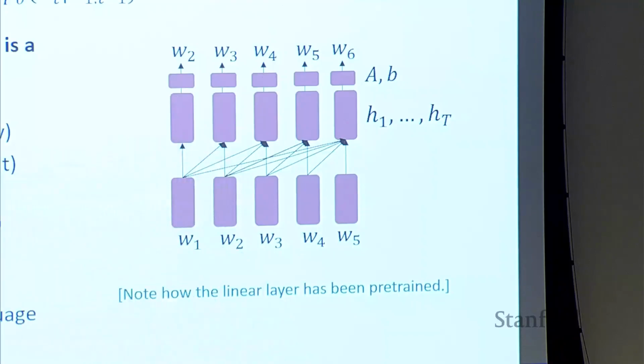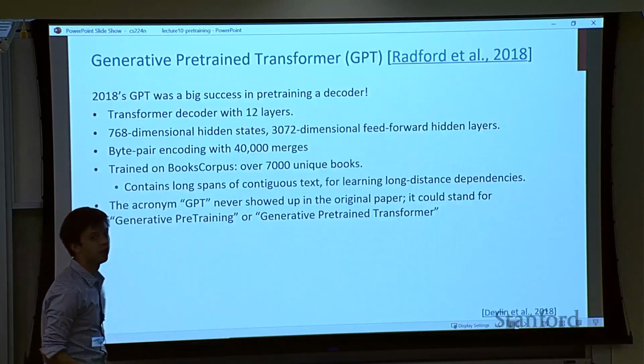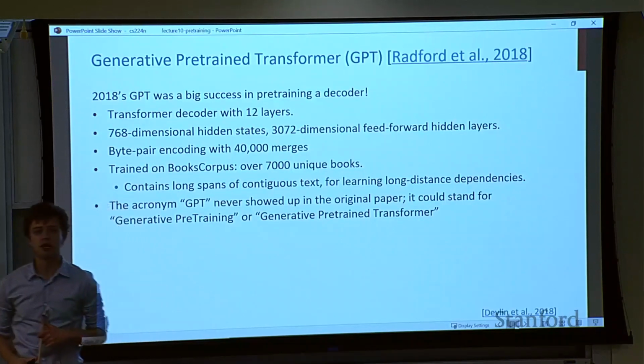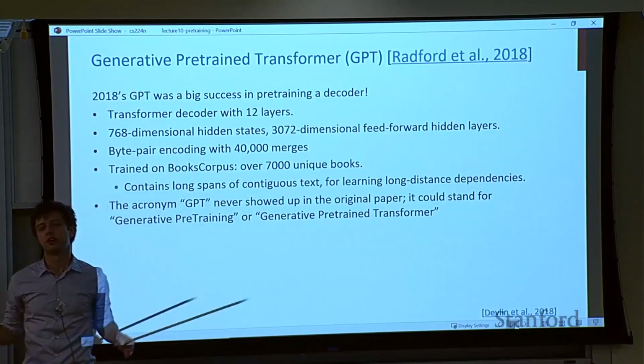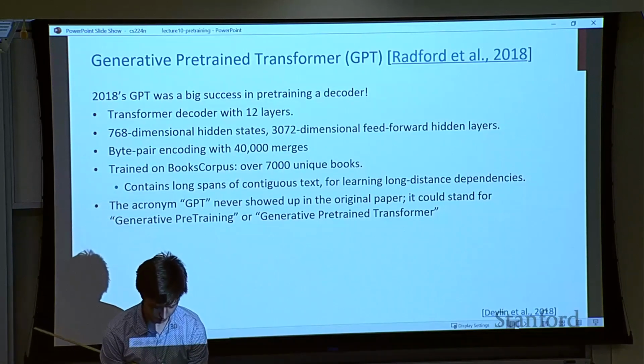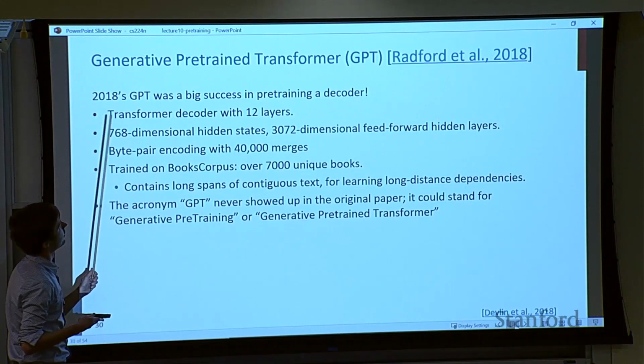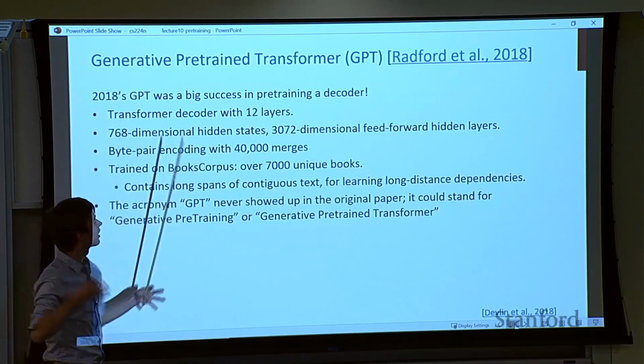Okay, so those are two ways of interacting with a pre-trained decoder. Now here's an example of what ended up being the first of a line of wildly successful, or at least talked about, pre-trained decoders. The generative pre-trained decoder, or GPT, was a huge success in some sense, or at least it got a lot of buzz.